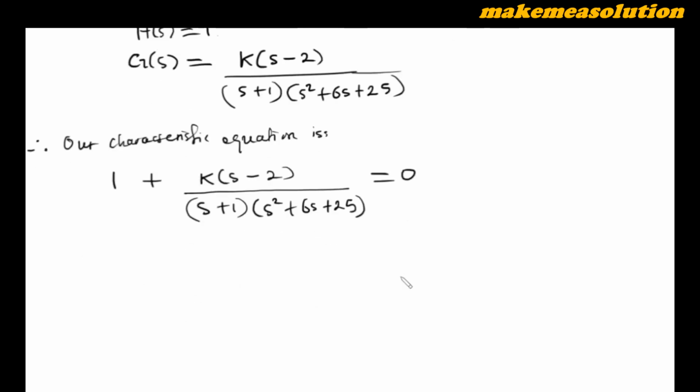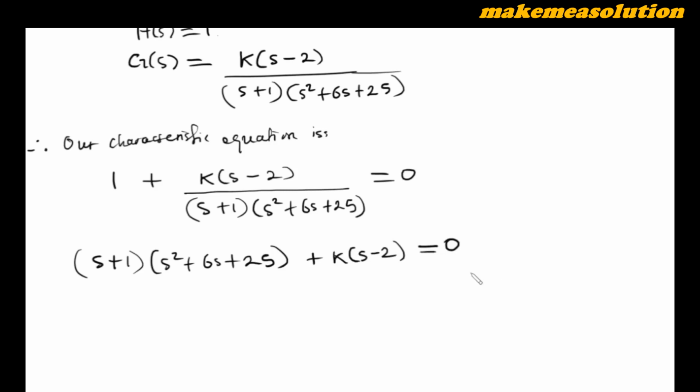So when we solve this, we get s plus 1 times s squared plus 6s plus 25, plus k into s minus 2 equals 0.